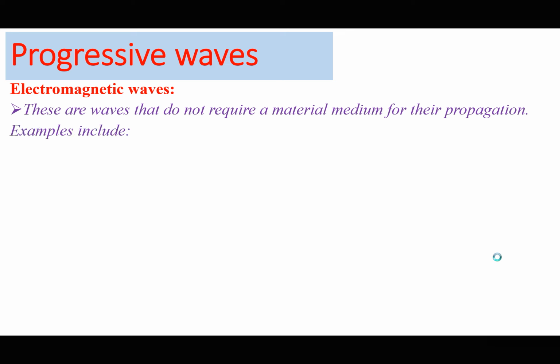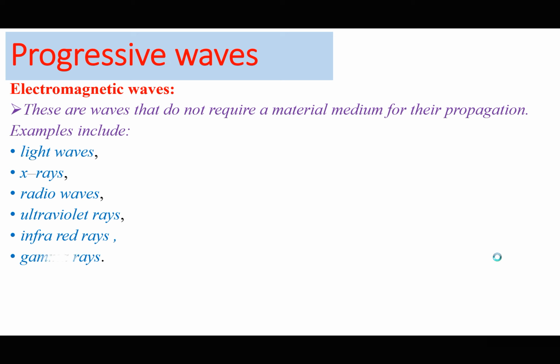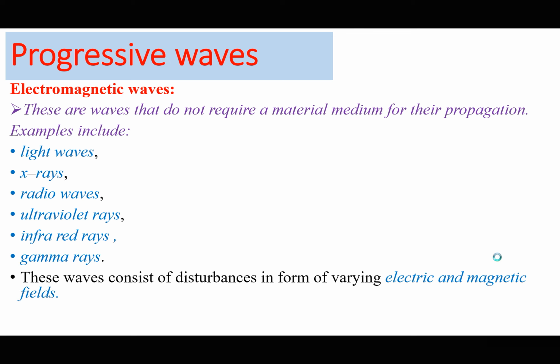These include all the waves that fall under electromagnetic waves, ranging from light waves or visible light, X-rays, radio waves, UV light or ultraviolet rays, infrared rays, gamma rays, and so forth. These waves consist of disturbances in the form of electric and magnetic fields.